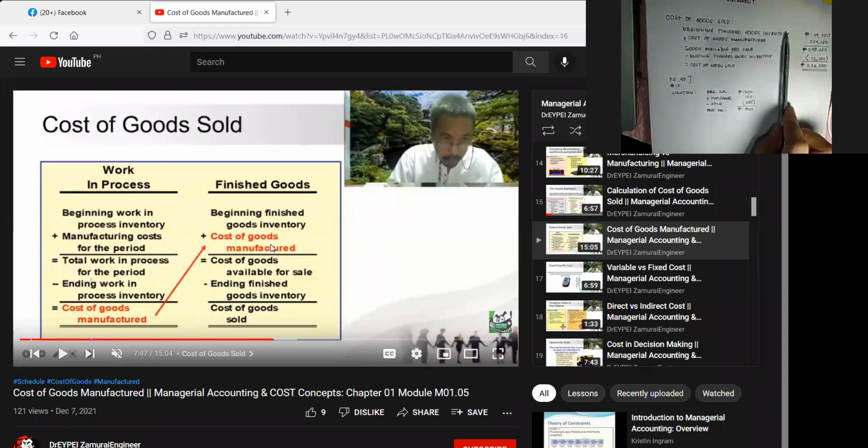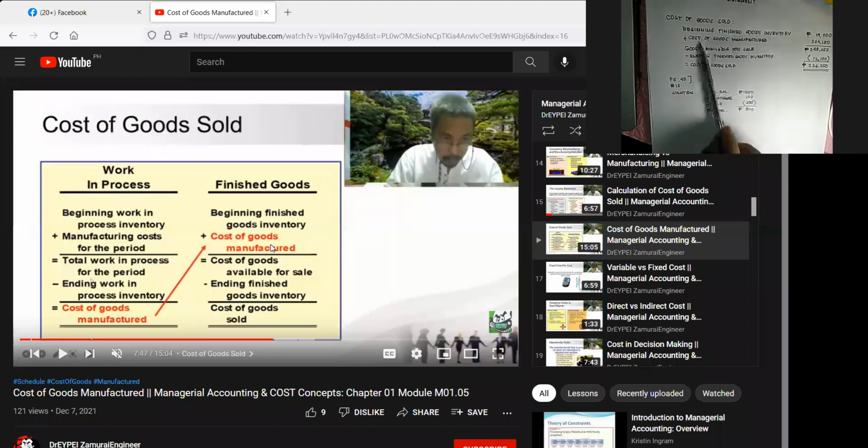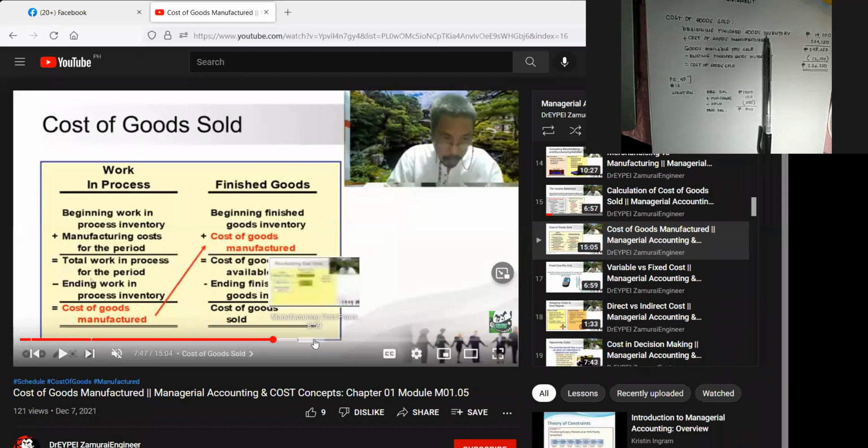Inventory, it is very hard to compute the beginning inventory because you are computing all the products available for sale inside your sari-sari store. And then add your goods manufactured. And then you can get your cost of goods sold after you subtracted the ending finished goods inventory. The same format here. Exactly the same.